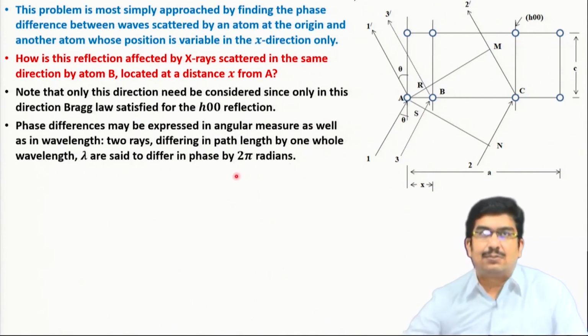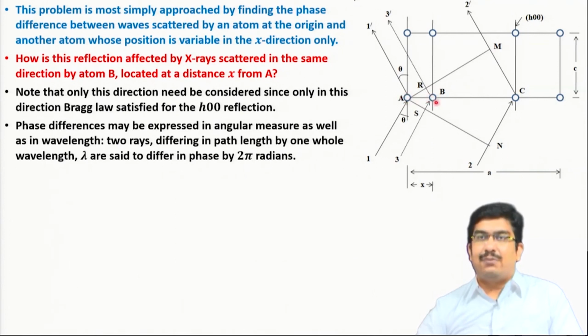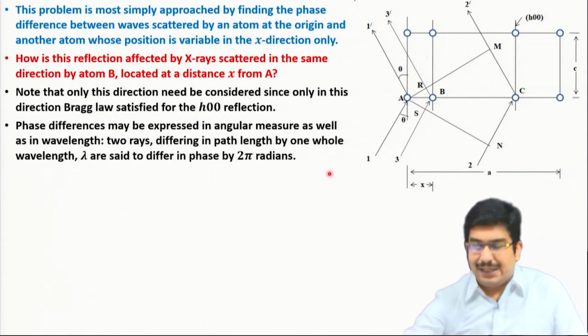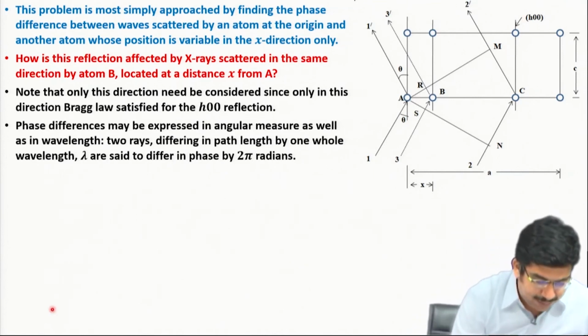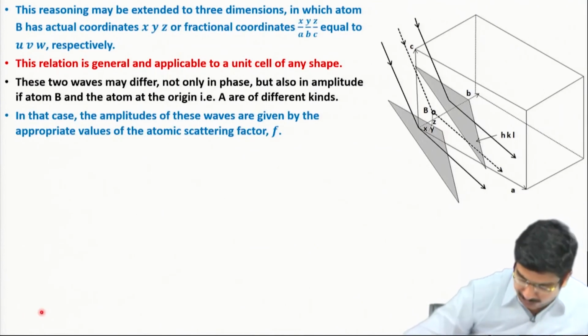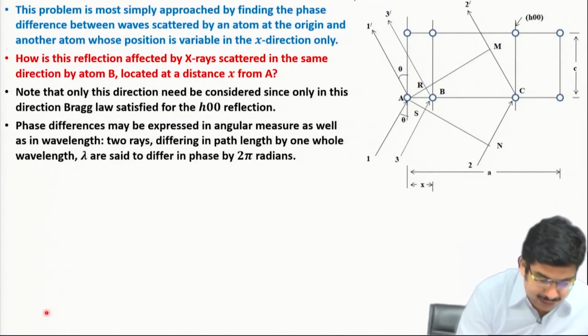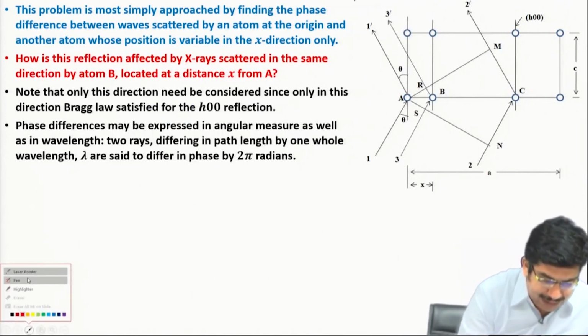We consider how the X-ray beam coming out of this atom is affected by an arbitrary atom sitting in the x direction at a distance x from atom A. We will start with this here and possibly continue in the next class.